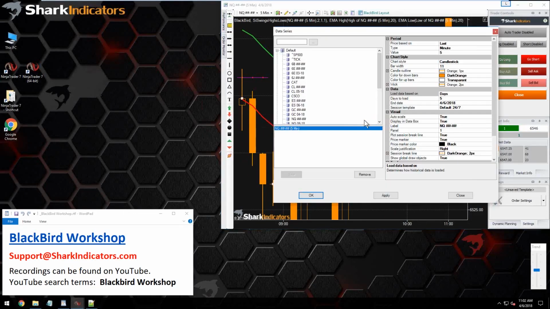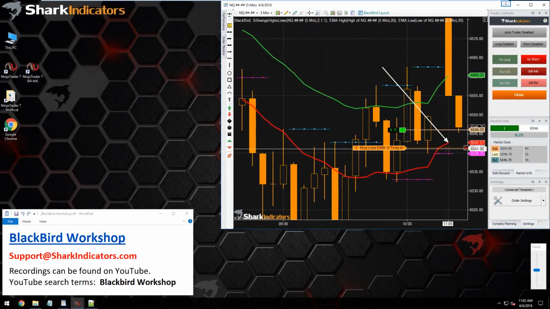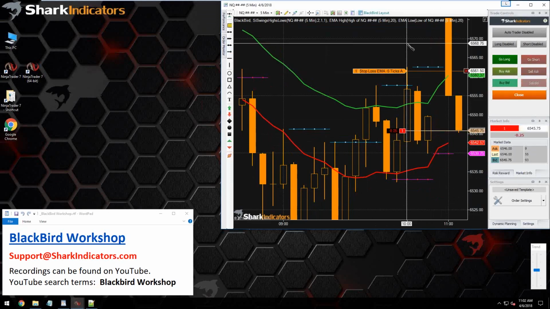Give me a moment, let me turn off the text and markers here. So there we go, that worked for a long trade. Let's close that out and let's go short. And there we go. There's our EMA right there, and our stop loss is sitting a couple of ticks above it for a short trade.